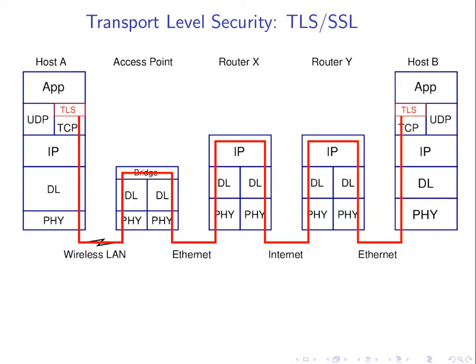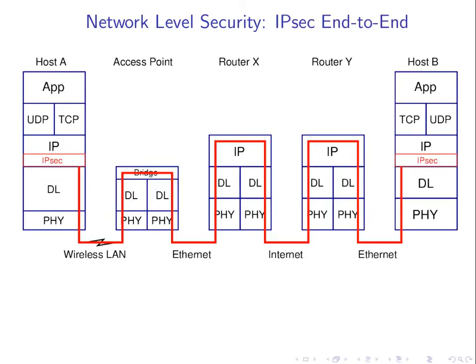So with transport level security, the security is built into the operating system and it's performed automatically if you use HTTPS in this case. So the user doesn't need to configure anything. Whereas with network level security, the user usually needs to configure something on their host, and in fact usually there's a server set up to support the other endpoint.